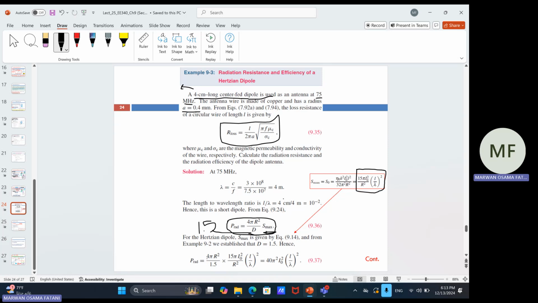So substituting the values into P rad, the power radiated is going to equal, after doing calculations and simplifying, 40 pi squared multiplied by I squared.